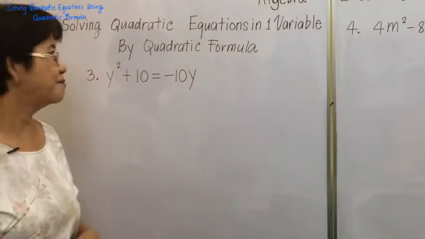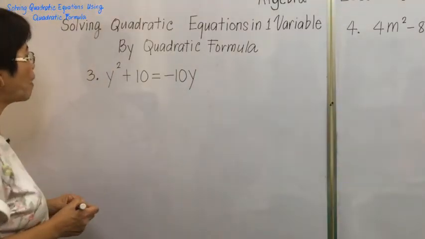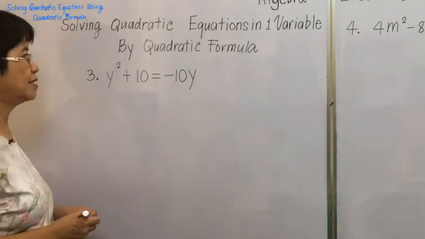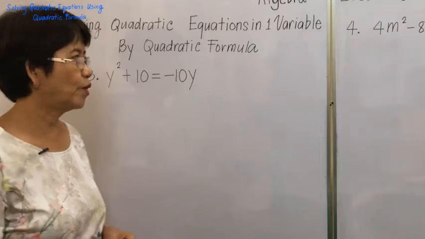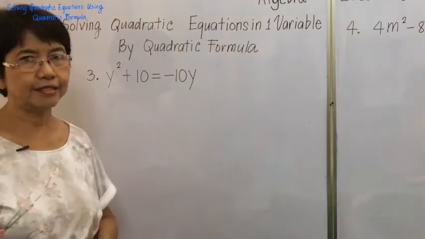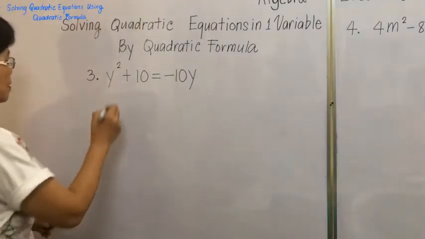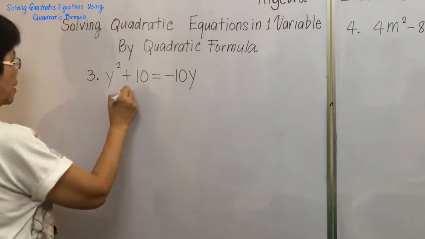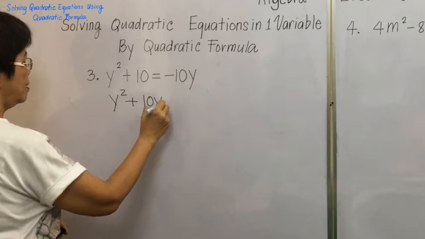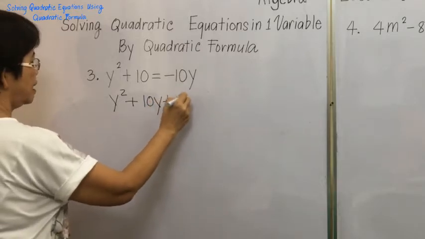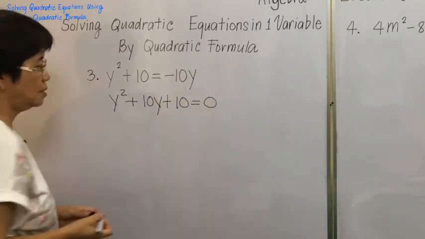Example number 3. We have y squared plus 10 is equal to negative 10y. We have to write this in standard form with the right side equal to 0. So we have y squared plus 10y plus 10 is equal to 0.